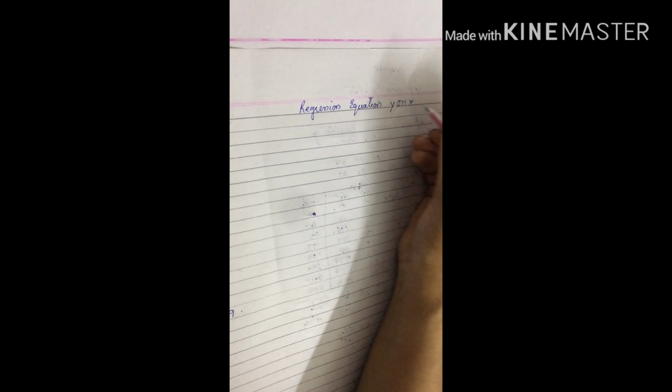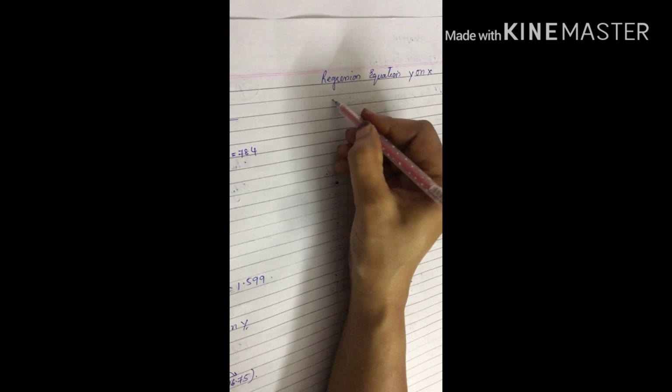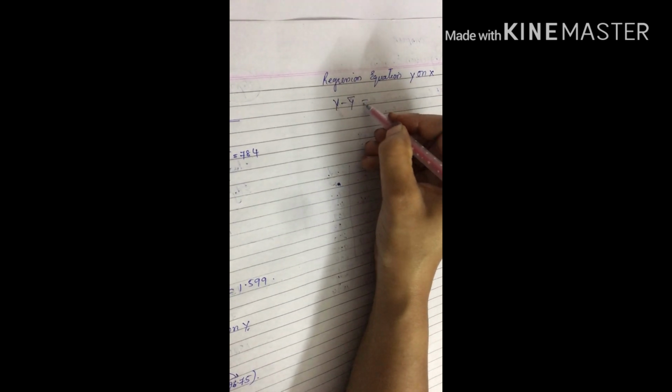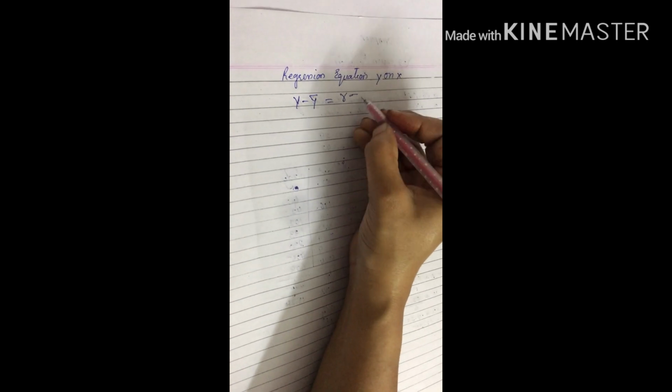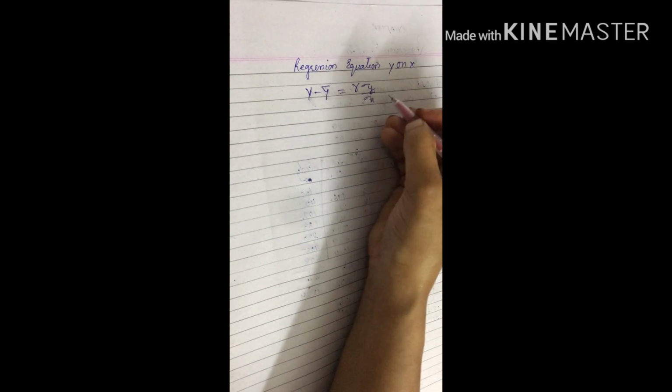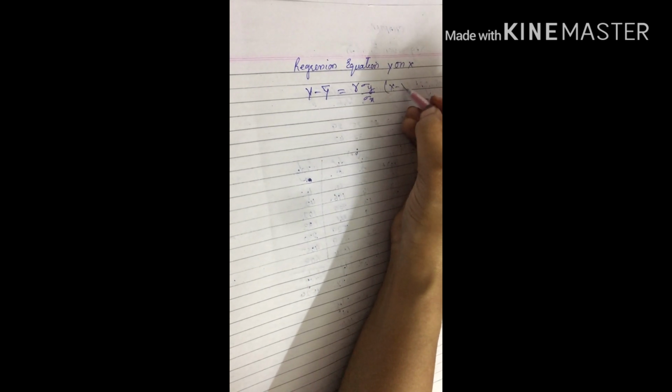For y on x, y minus y bar equals regression coefficient times x minus x bar.